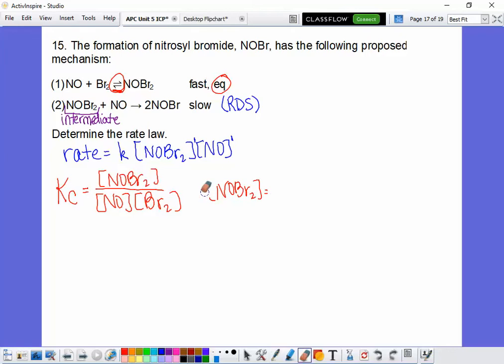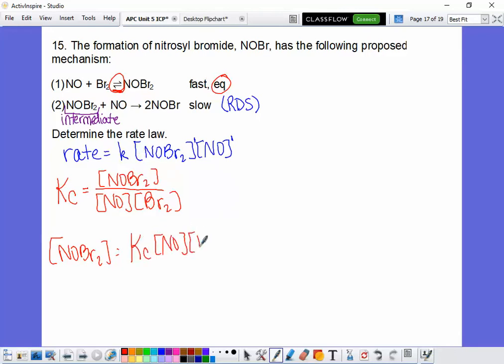If I rearrange this to solve for NOBr2, I get this, right? And now I can take this whole thing and substitute it in for this, right?